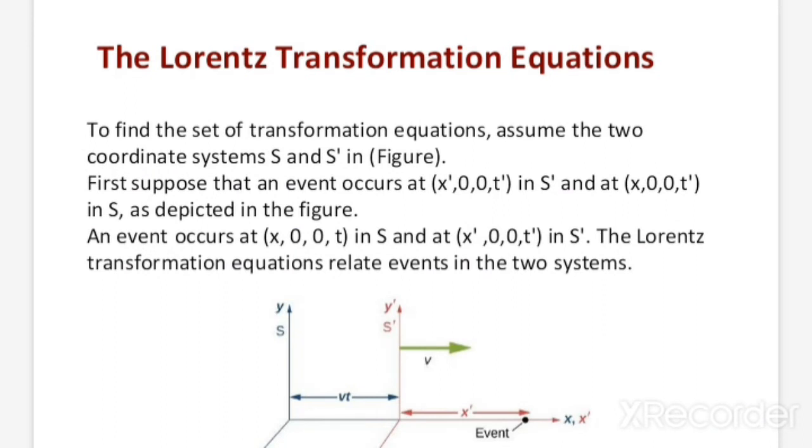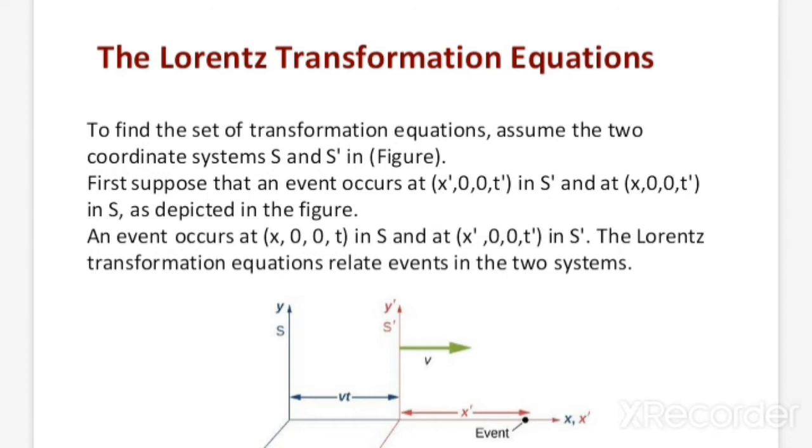So, come to the point. The Lorentz transformation equation. To find the transformation equation, let us consider two frames of reference. One is S with origin O and another is S dash with origin O dash, which coincide with each other at time t equal to 0.